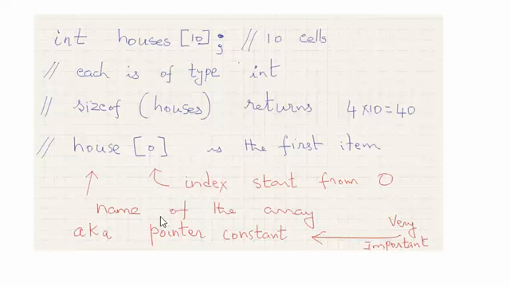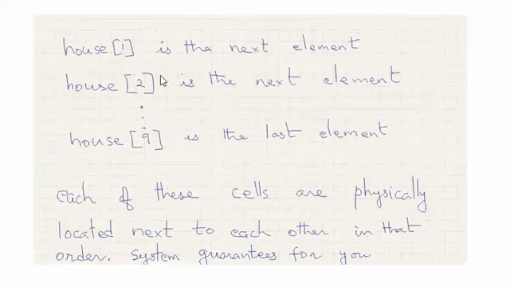House number 1 is the first element, house 2 is the second element. The indices, or the offsets, go on increasing until the 10th item, whose index is 9. Each of these cells is physically located next to each other. That's something very important that the system guarantees for you.